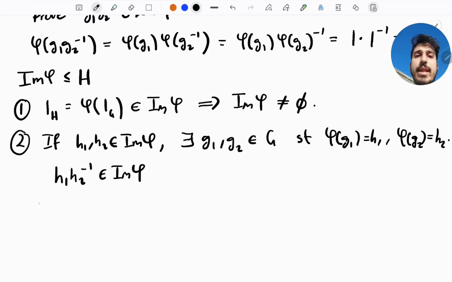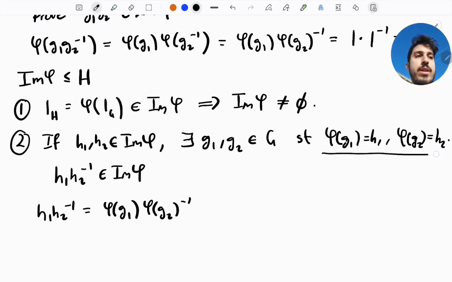So H1 H2 inverse is equal to phi of G1 times phi of G2 inverse, because we already have constructed it to be that way.